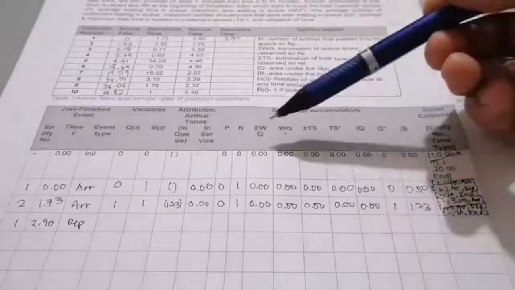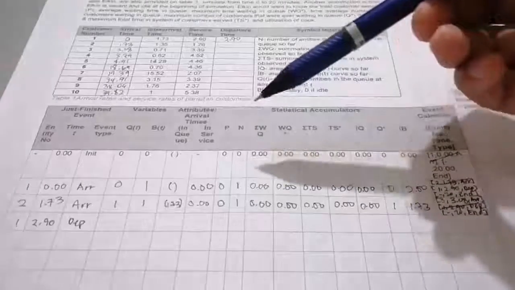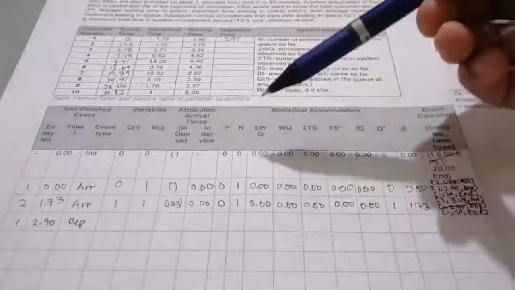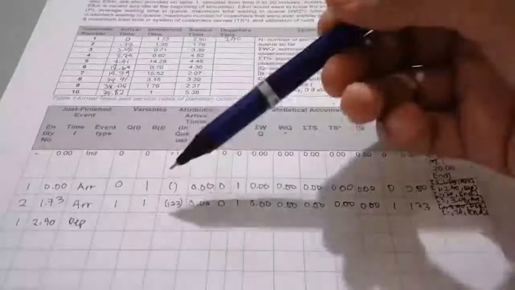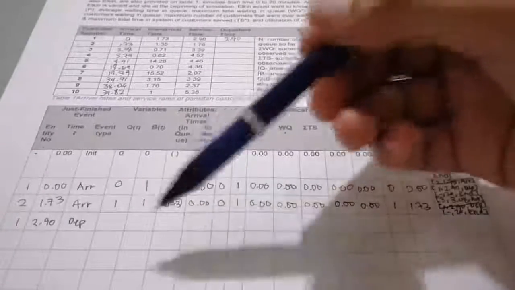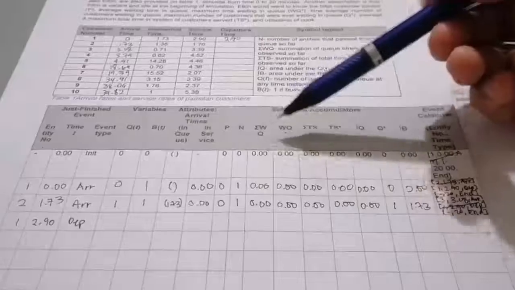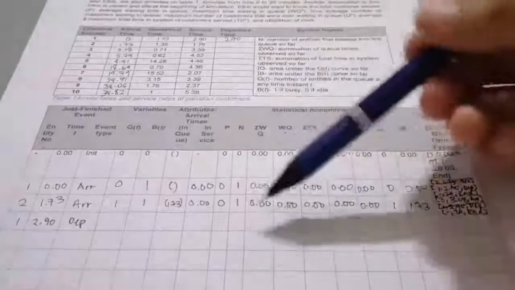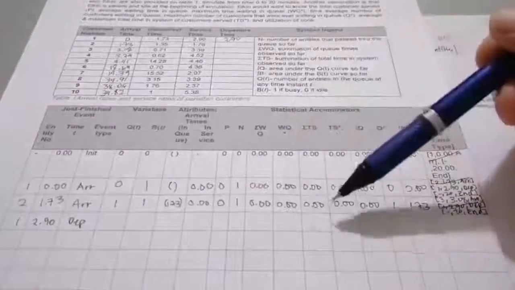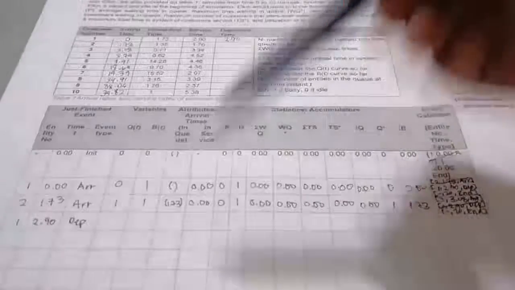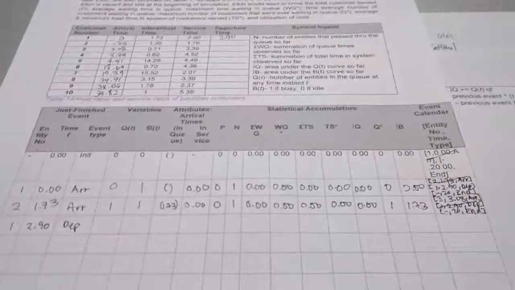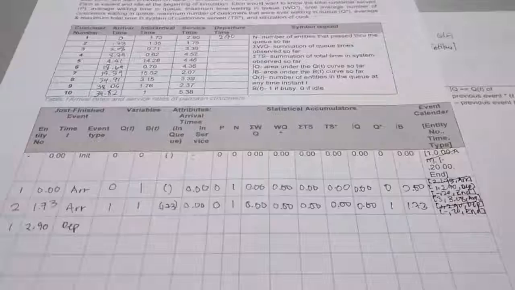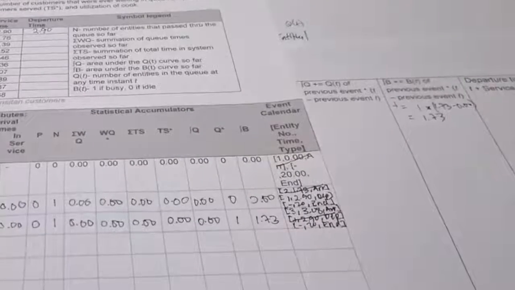However, if the queue is empty, then there is no change in the waiting time in queue, only on the total time in system. So, kikita natin mamaya kung ano yung mga changes dun sa ating statistical accumulators na to.